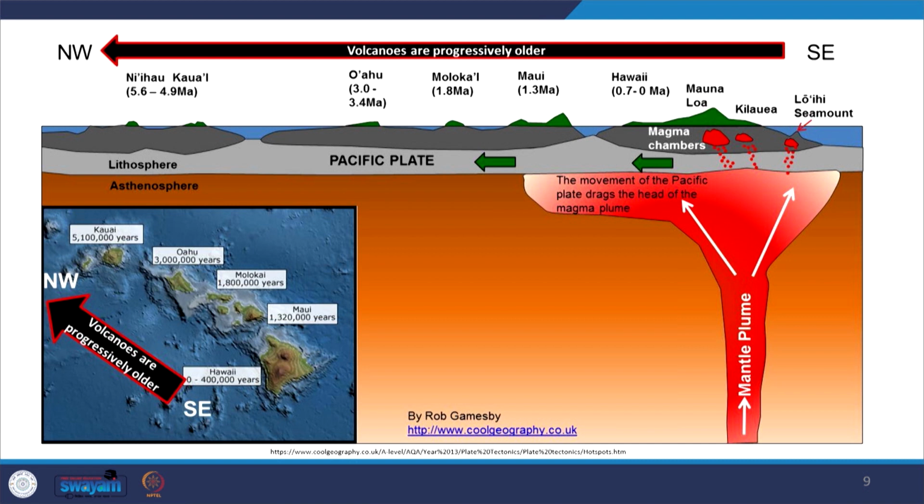You see, these are the hotspots, and the hotspot magma is derived from the D double prime layer. However, to form normal oceanic crust, the asthenospheric magma is derived here at the mid-oceanic ridge. So, that means the magmas are derived from two different levels.